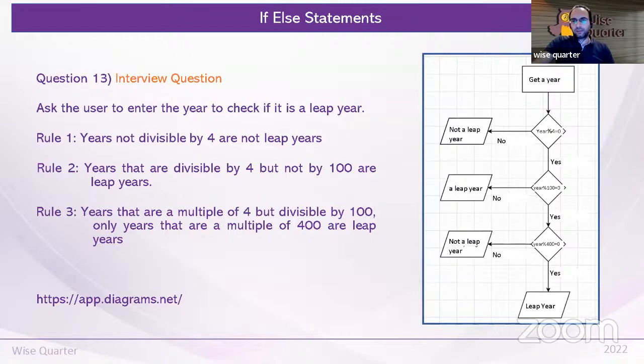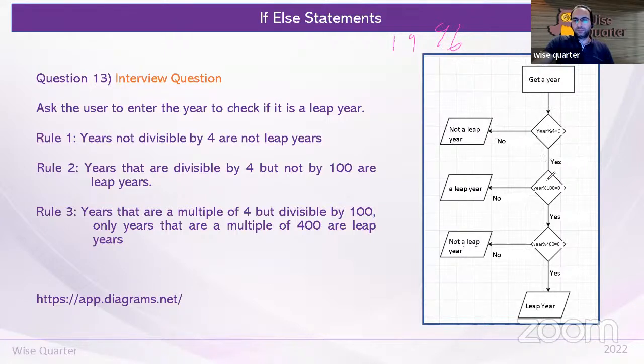If it was 1996, it means it can be divided by 4. When you check it in your mind, of course, you check the last 2 digits, 96. If that can be divided by 4, the number can be divided by 4. Yes. So we are going to this part.